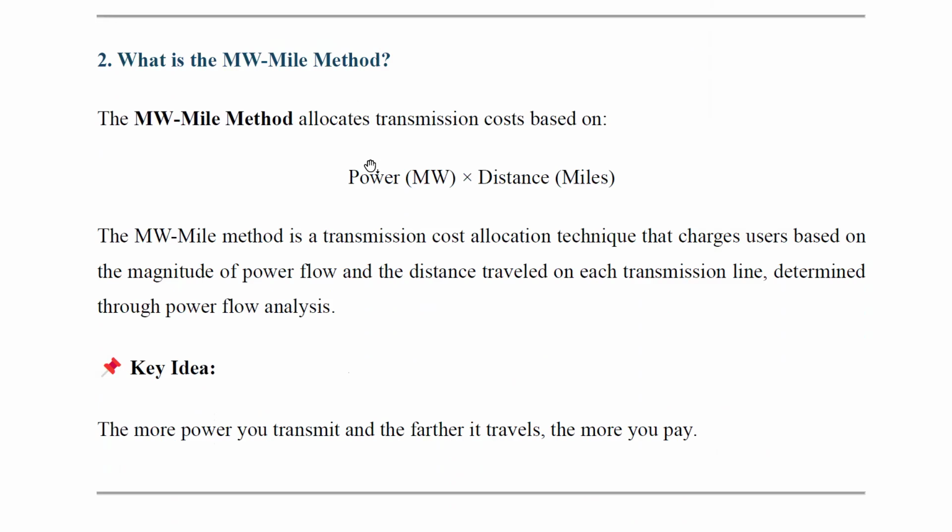The megawatt mile method allocates the transmission cost based on power, that means power in megawatts, times distance in miles. It is a transmission cost allocation technique that charges users based on the magnitude of the power flow and the distance traveled on each transmission line, determined through power flow analysis.